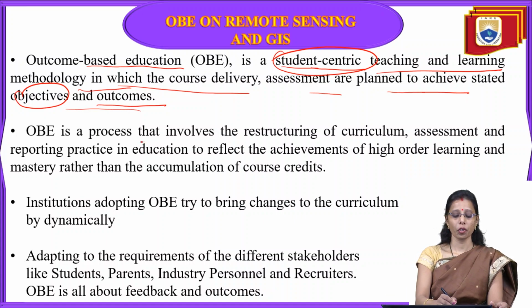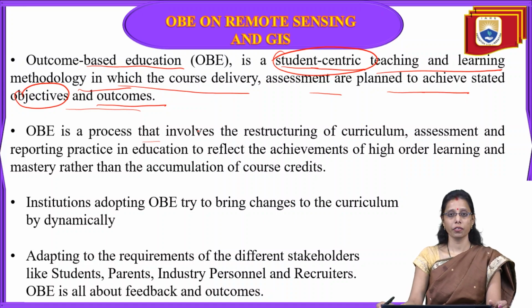OBE is a process that involves the restructuring of the curriculum. In this process, the course structure is prepared, how the course is to be studied along with the modules, like 5 modules.